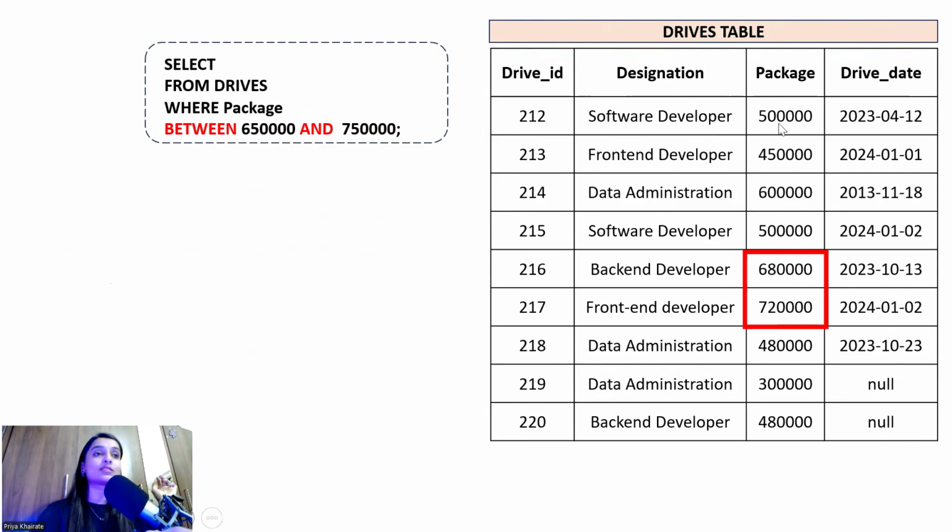So check the first package. It is 5 lakh. Is 5 lakh between 6 and 7 lakhs? No, leave it. 4 lakh 50,000, is it between this? No. 6 lakh, is it between this? Yes, it is between this. Okay, but let me check why they have not included this.